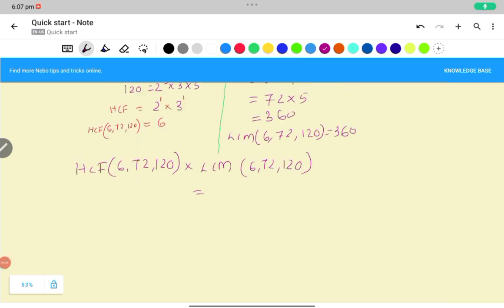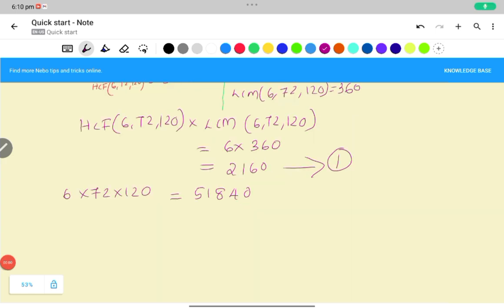HCF of 6, 72, 120 into LCM of 6, 72, 120 is equal to 6 into 360 is equal to 2160. Product of 6, 72 and 120 is equal to 51,840.